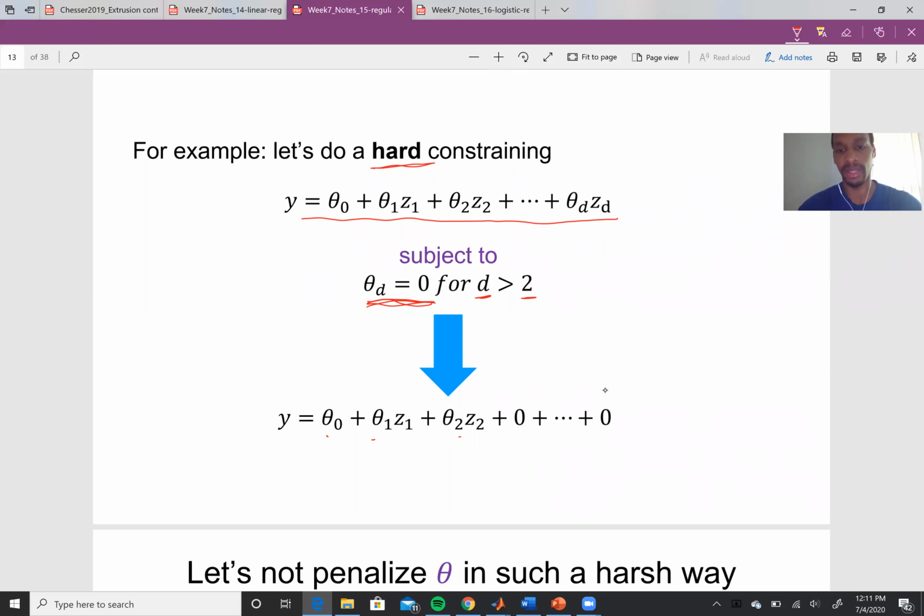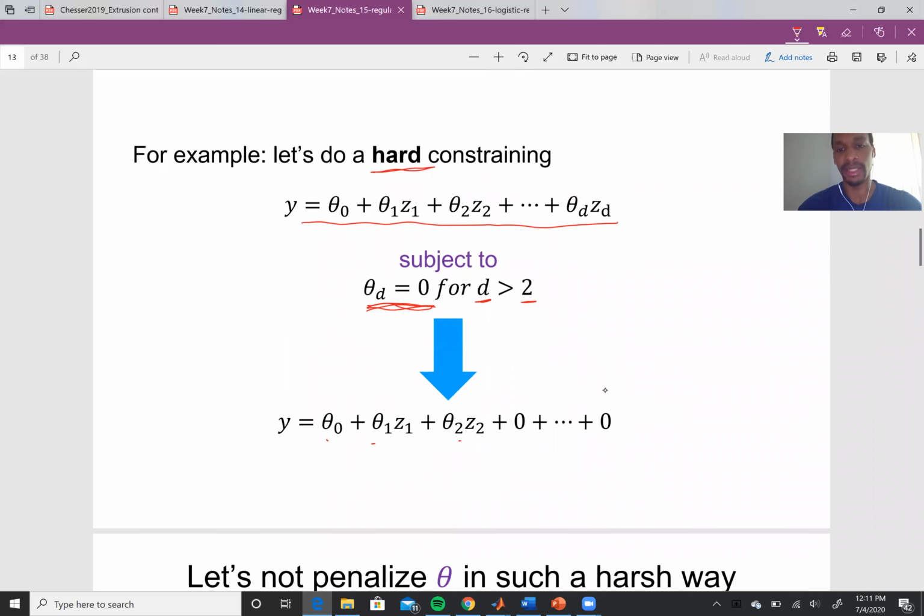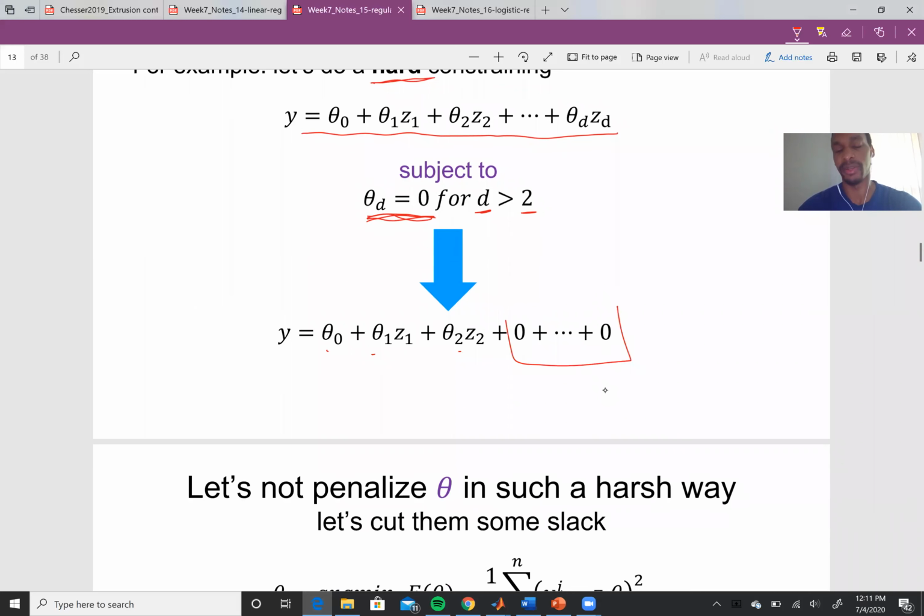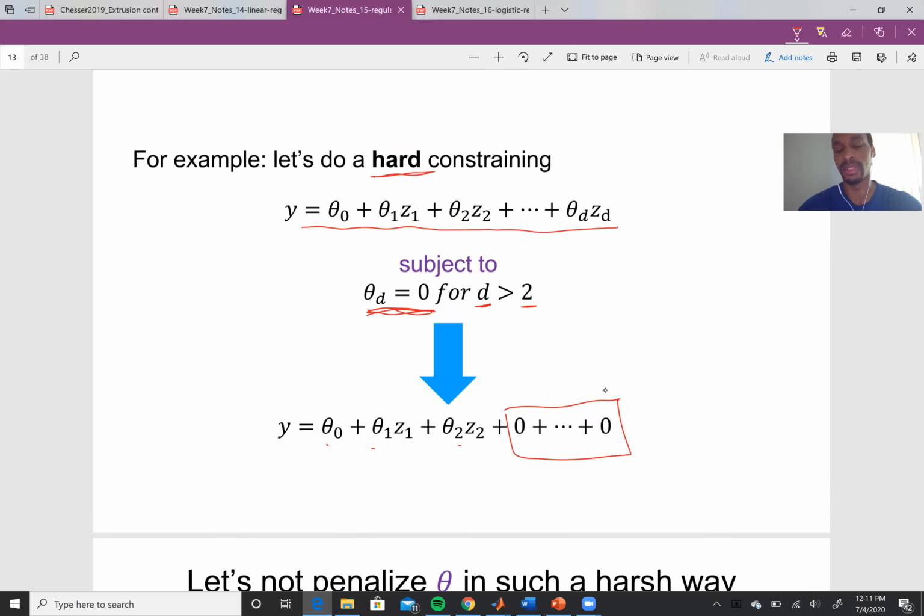So there's a constraint there, and that's not going to be good. Basically, we're just saying we only have 3 values.